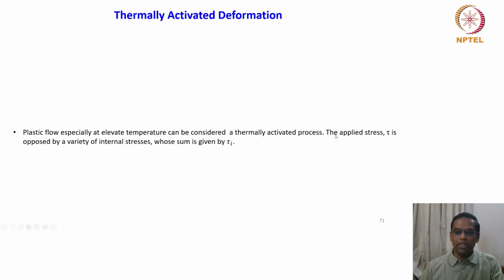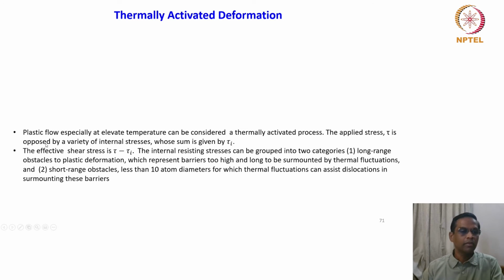So the applied stress tau, that is shear stress, is opposed by a variety of internal stresses whose sum is given by tau I. How do we understand this? The effective shear stress is tau minus tau I. The internal resisting stresses can be grouped into two categories.